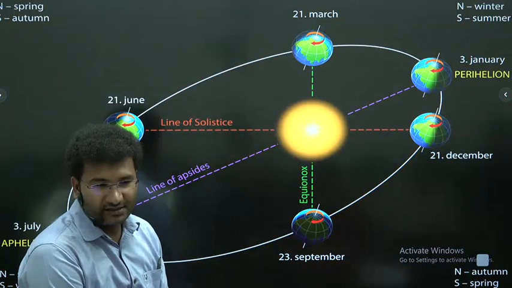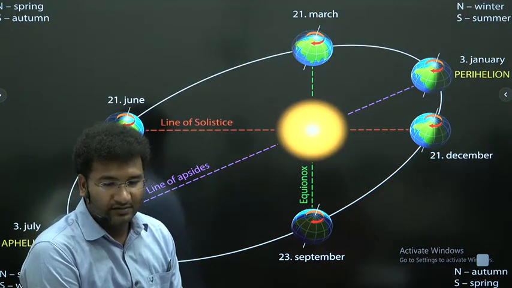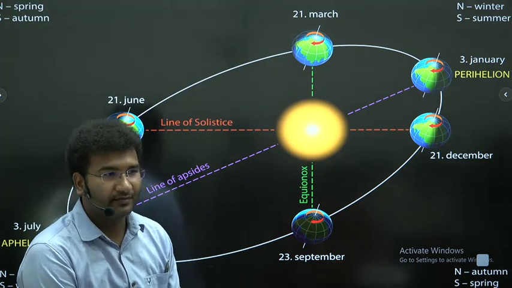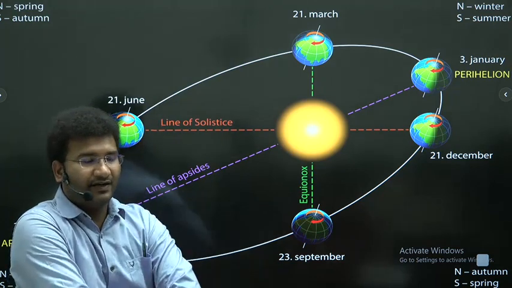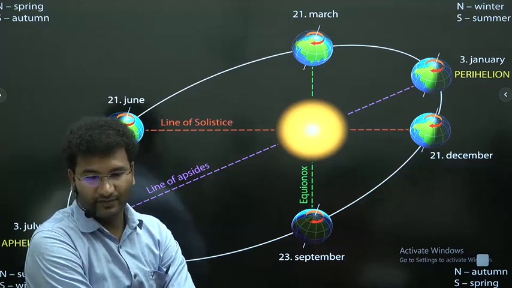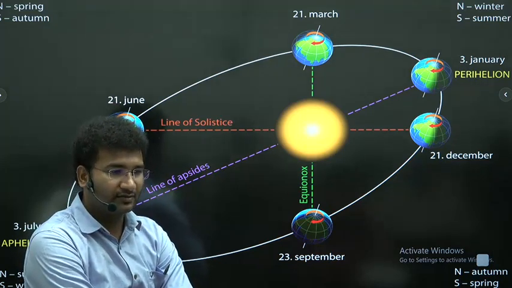It takes 365 days plus 1/4 of a day to revolve around the sun.